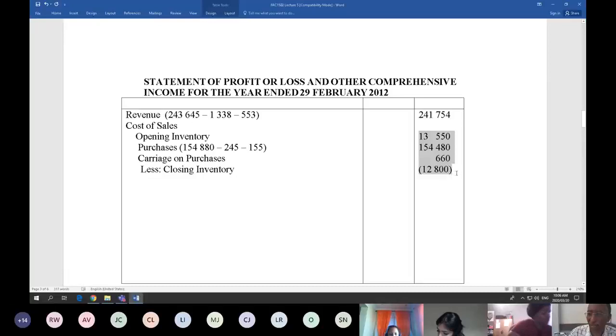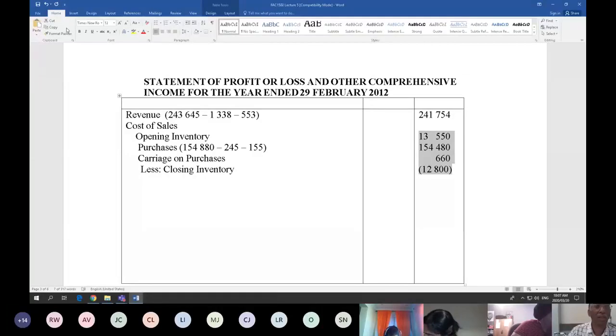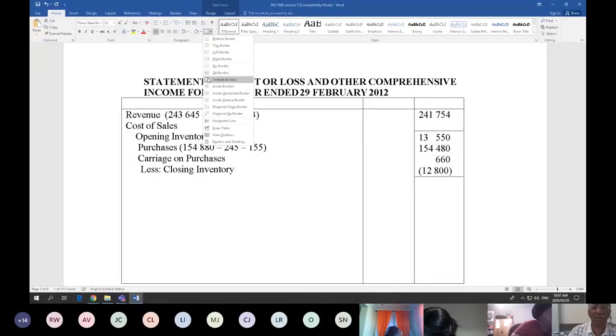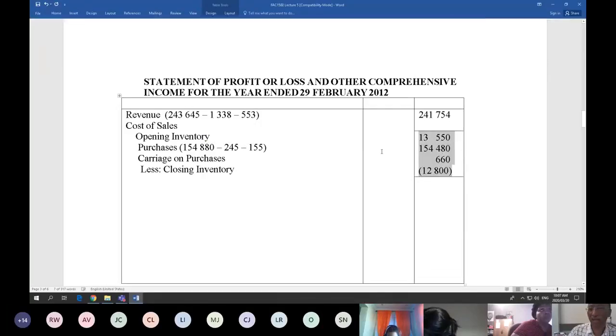You block all of those amounts, guys, and that will give you your amount of cost of sales, and your cost of sales is then the amount of 155,890.